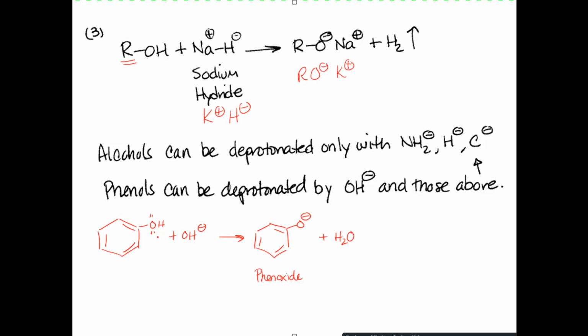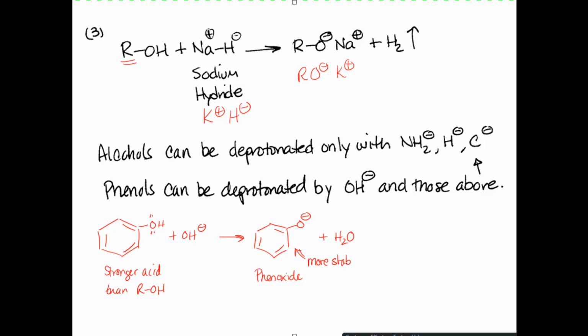Now the reason that a phenol is a much stronger acid than a normal alkyl alcohol is because there are resonance structures that you can draw for the phenoxide. And if there are resonance structures that you can draw for it, which we will in a moment, that means that this conjugate base is more stable.